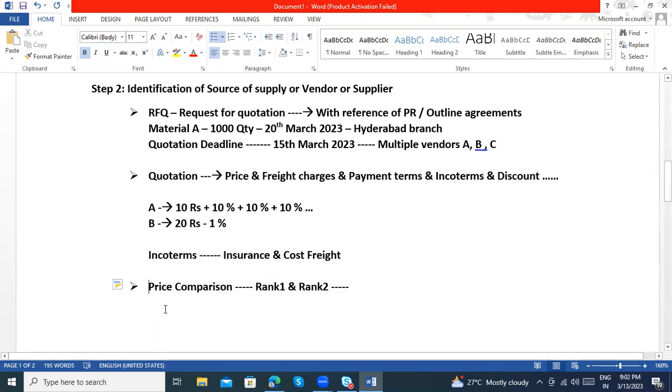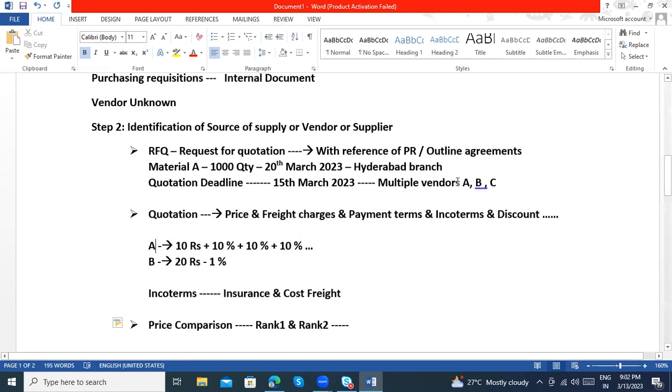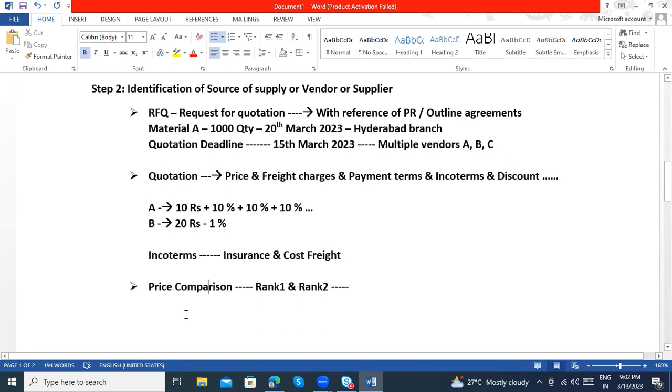Because when you update all the vendors, the system also doesn't know. We have 10 vendors; whether you are providing for all 10 or only 5, how many you got, SAP doesn't know. That information you have to provide. So once you have done all the updates, then you go with the price comparison.